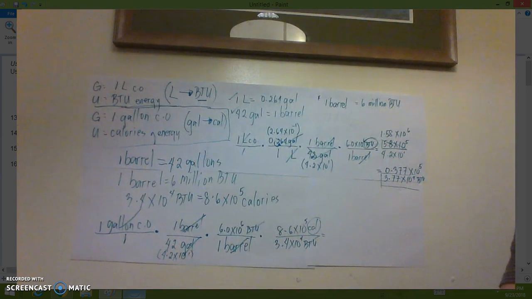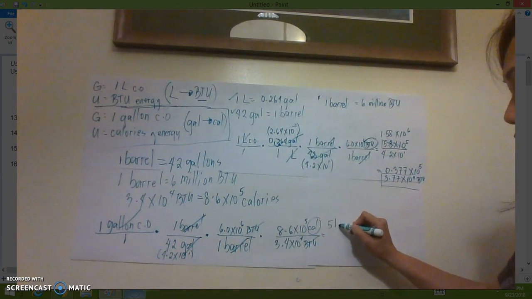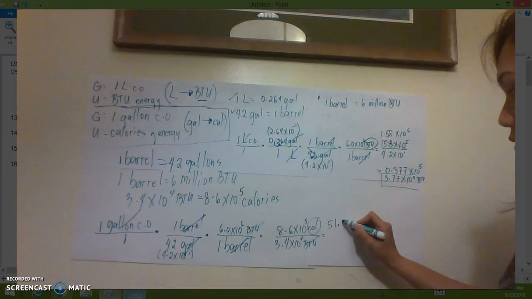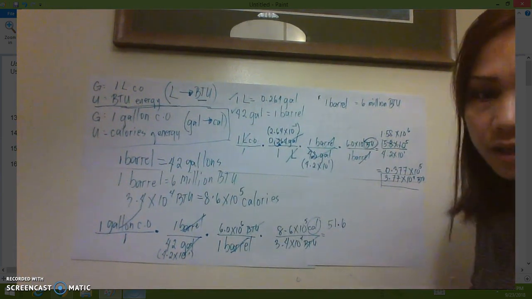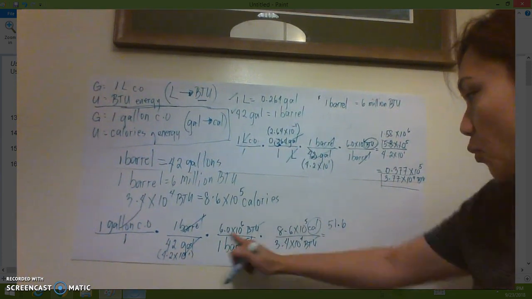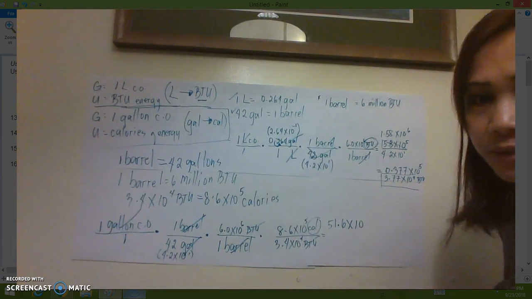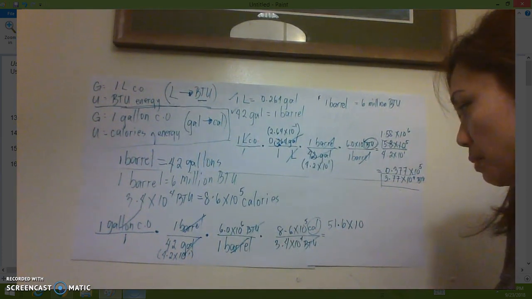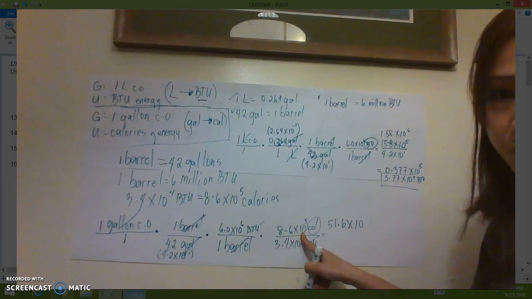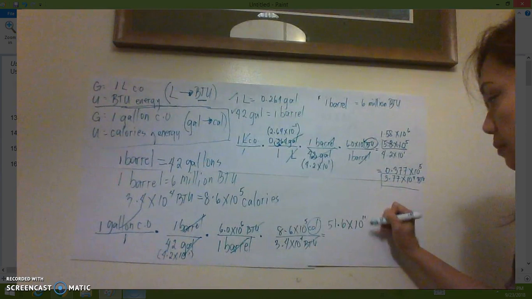So 6 times 8, we are going to get 51.6. You can double check if we got the right calculation there. So 51.6 times 10. What do we do with the power? We multiply, therefore we add the power. So 6 plus 5 is 11.